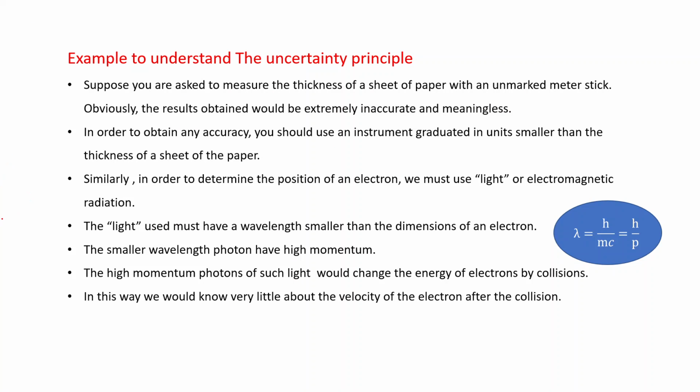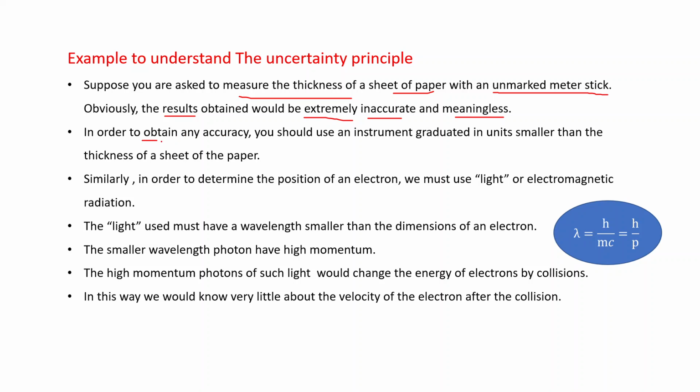Now, we will take one example to understand the uncertainty principle. Suppose you are asked to measure the thickness of a sheet of paper with an unmarked meter stick. That is, that scale is not there on the meter stick. Obviously, the results obtained would be extremely inaccurate and meaningless.